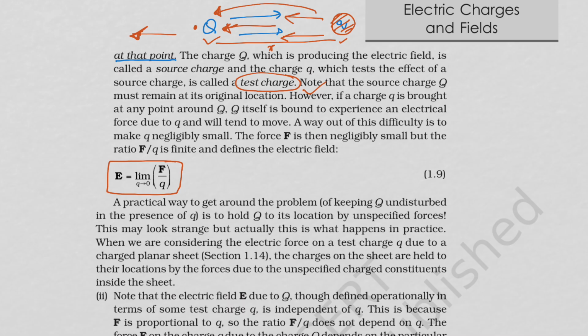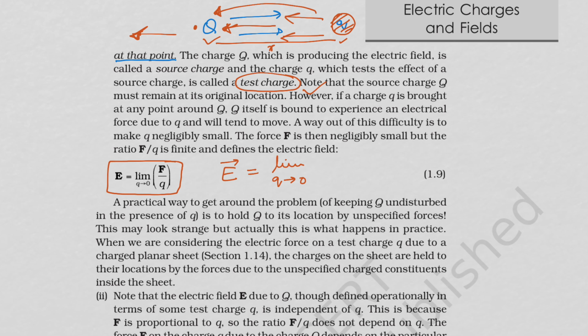That's why, if you see in the formula, E is actually limiting the value of the test charge, small q, approaching 0. Take the test charge so small that it should not affect the electric field due to the capital Q.